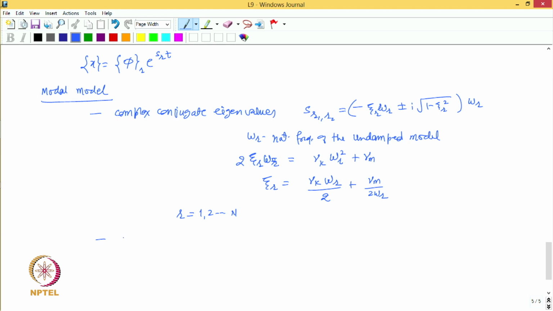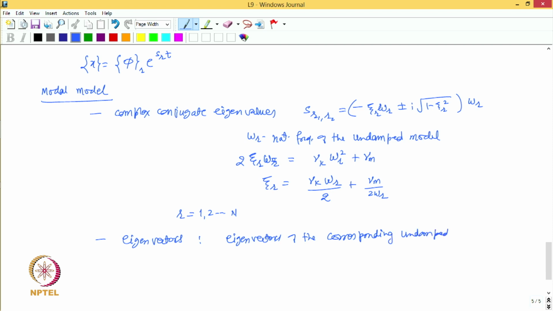And then we have the eigenvectors. These are the eigenvectors of the corresponding undamped model.